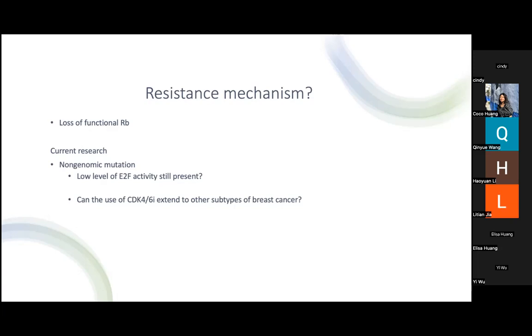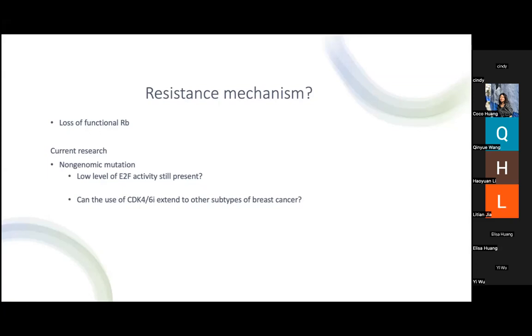So current research has moved on to non-genomic mutation, basically mutations that occur when the cells require it.